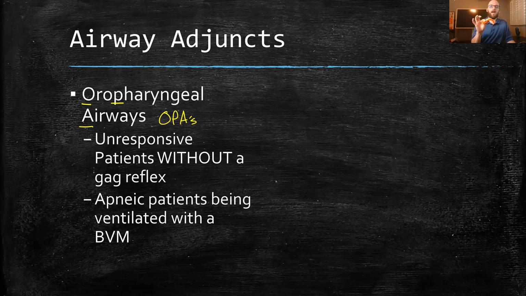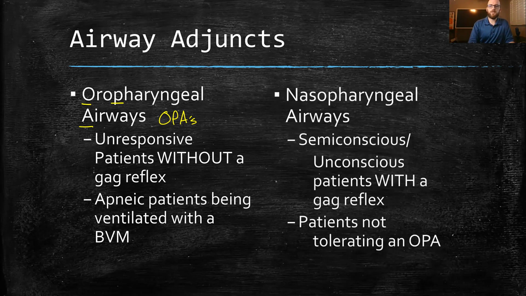Right, so really once you get an adjunct in place, you start to feel a little bit better about maybe letting go of your head tilt chin lift or your jaw thrust, right? Because now we've got something else assisting us to keep the tongue out of the back of the throat. So those are OPAs. If you can't do an OPA for whatever reason, another option is NPAs.